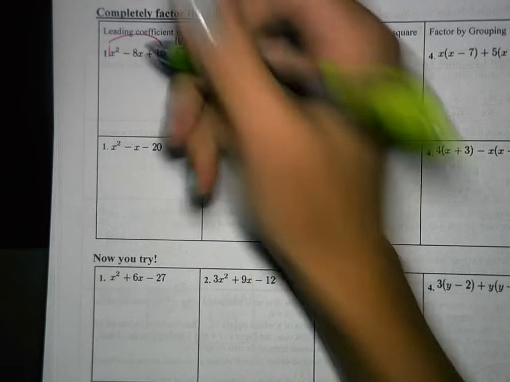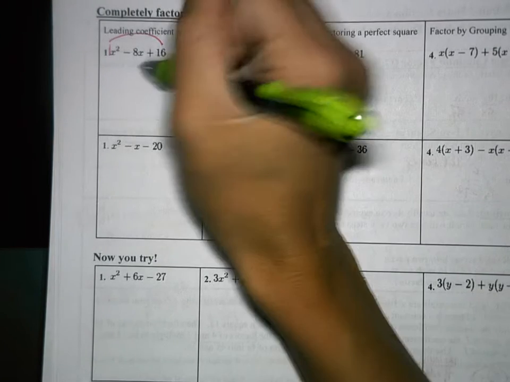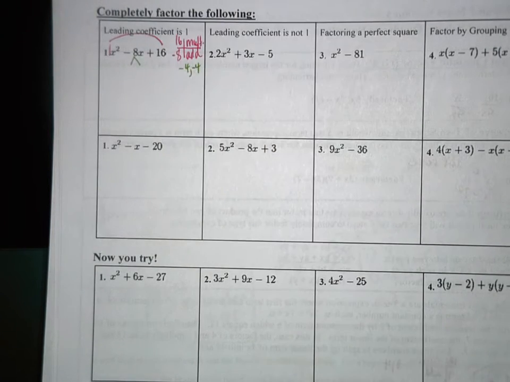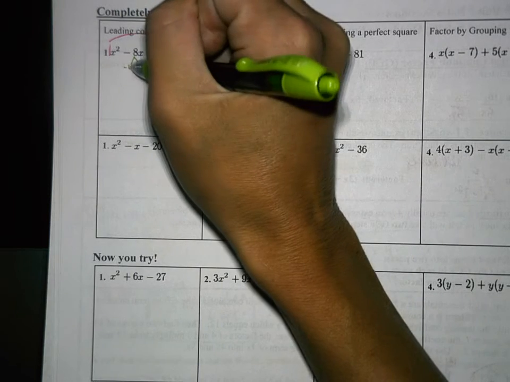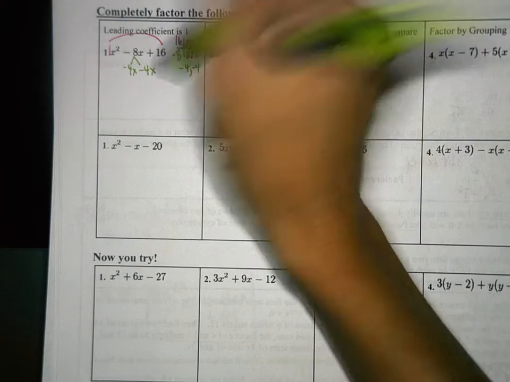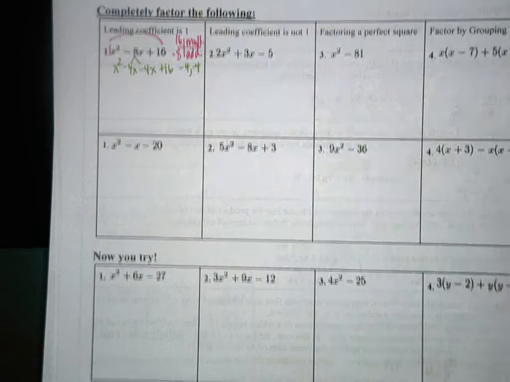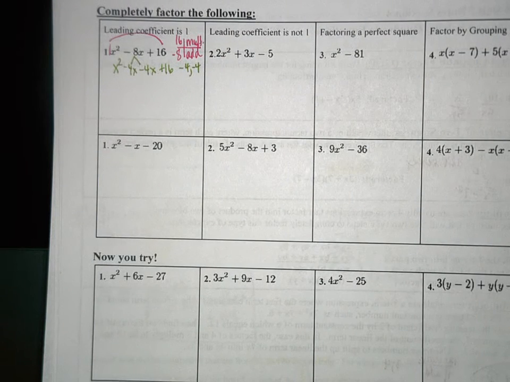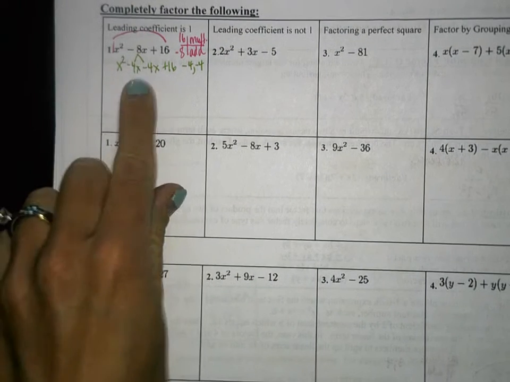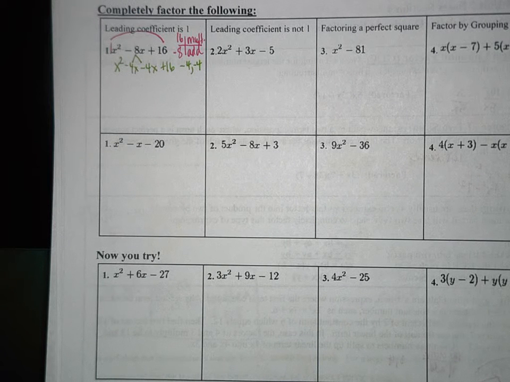Very good, -4 and -4. And so what happens is we end up changing our -8x into a -4x and a -4x. But the 16 at the end and the x squared at the front stay the same. All we're doing is changing that middle term. And if you notice, these two still add to be that middle term. Does anybody have questions up to this point?